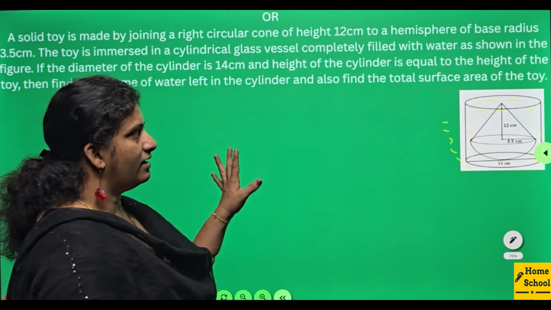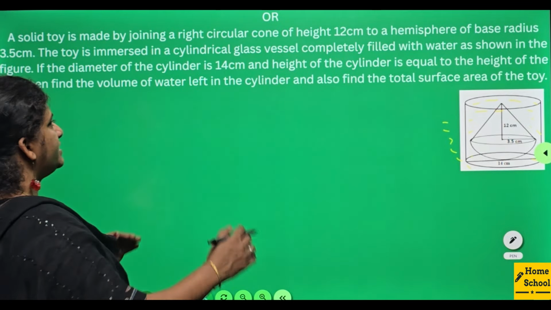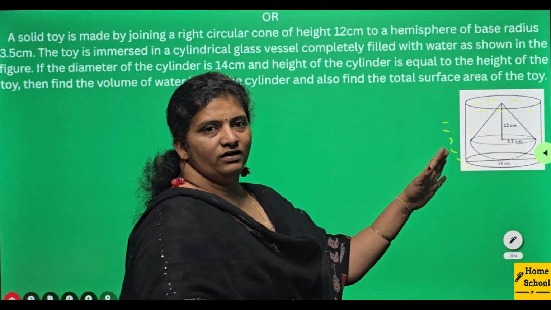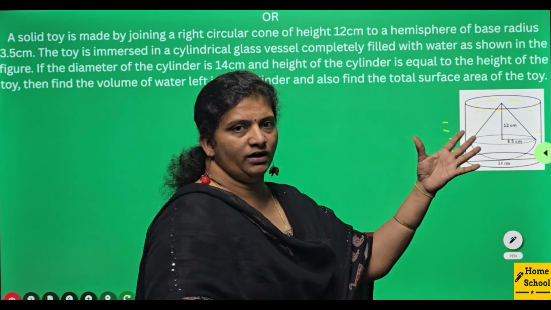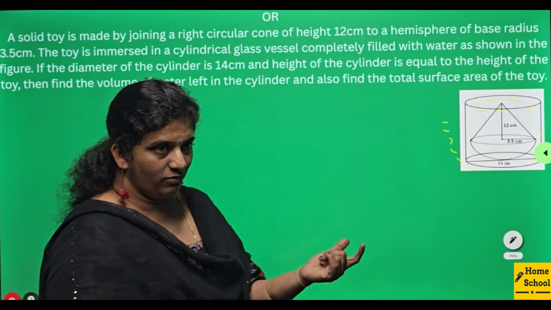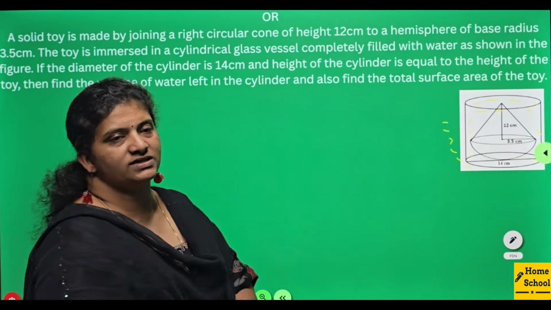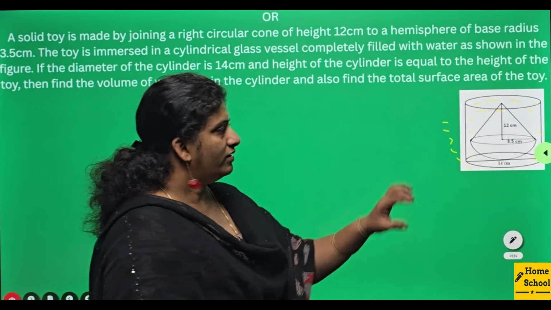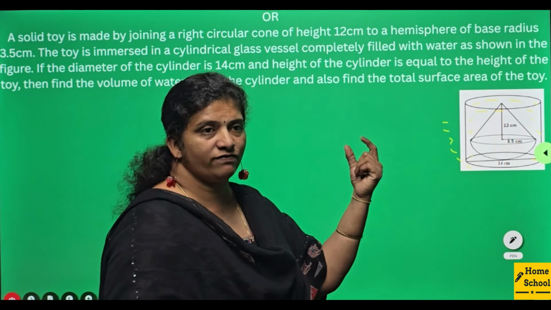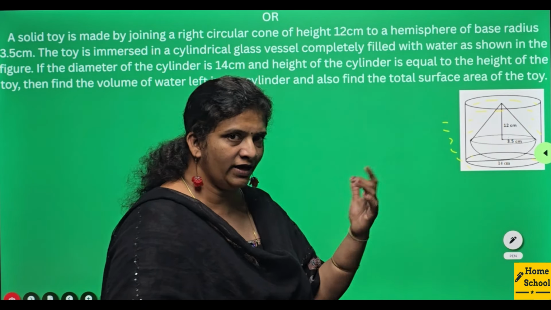The question here is, what is the amount of water left in the cylinder when you immerse the solid? That is your question. And one more, find the total surface area of the toy. We need only this surface. That means CSA of a hemisphere plus CSA of a cone.